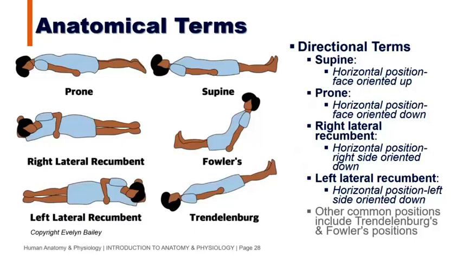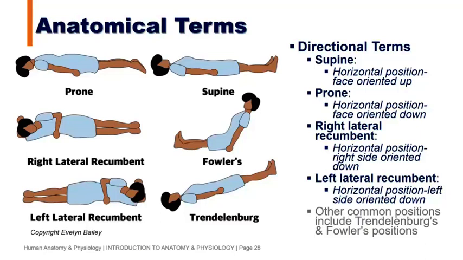And then we have here the supine, which is a horizontal position with face oriented up. Then we have prone, a horizontal position, or you are just basically lying down with your face oriented down. And then you have your right lateral recumbent, which is a horizontal position with right side oriented down.